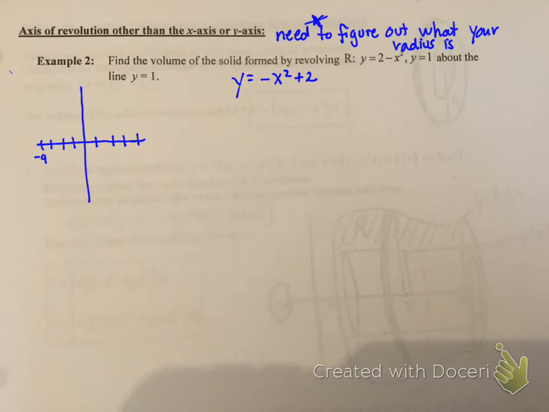So here's negative 4, negative 2, positive 2, positive 4, 1, 2. Okay, so if I have a regular parabola, I just have to move it up 2. So the parabola starts at 2, and then we have values here.